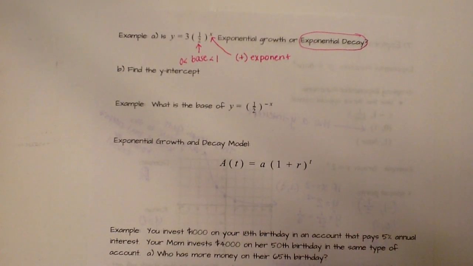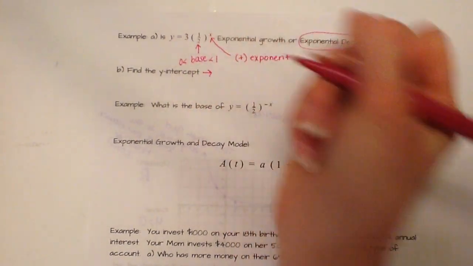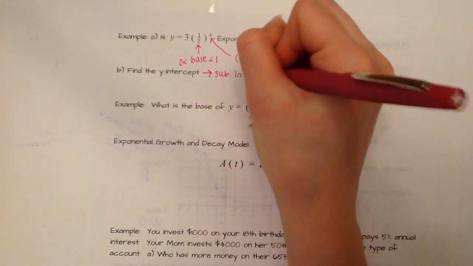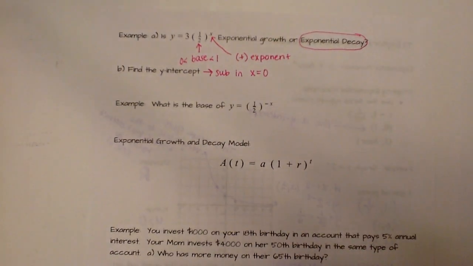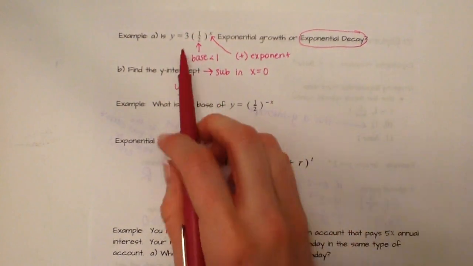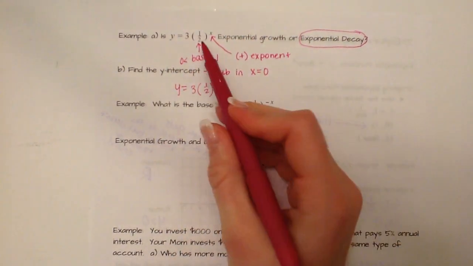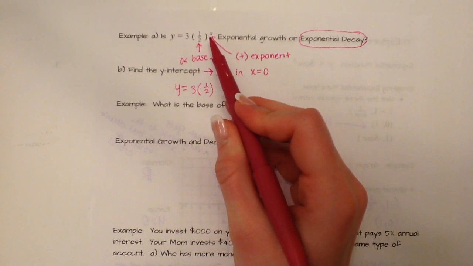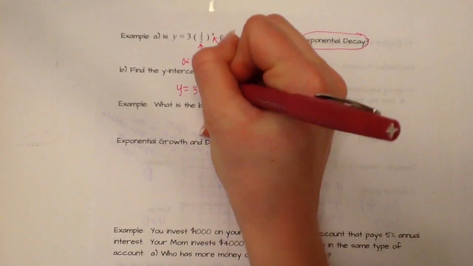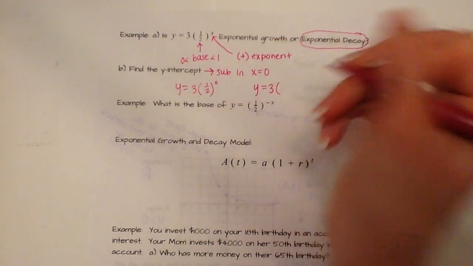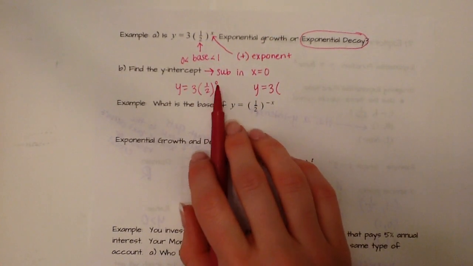Alright, so part B. They want us to find the y-intercept. In order to find the y-intercept, we're going to sub in 0 for our x. So we have y equals 3 times 1/2 to the x, and we're plugging in 0 for x. So we have y equals 3 times anything to the 0 power is 1.